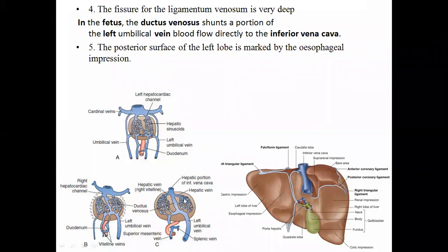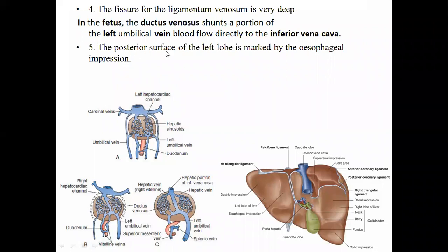The blood is supposed to go to the liver, this area, but that has been shunted by the ductus venosus that goes to the inferior vena cava. Then from the inferior vena cava, it reaches the heart. Then from the heart, it reaches different parts of the body. So it is a functional mechanism that happens during the embryonic period. You can read on that. If you have doubts, you can ask me later. I think it's taken already in embryology.